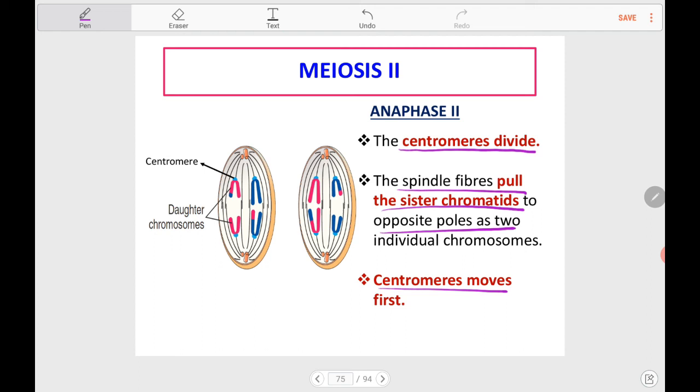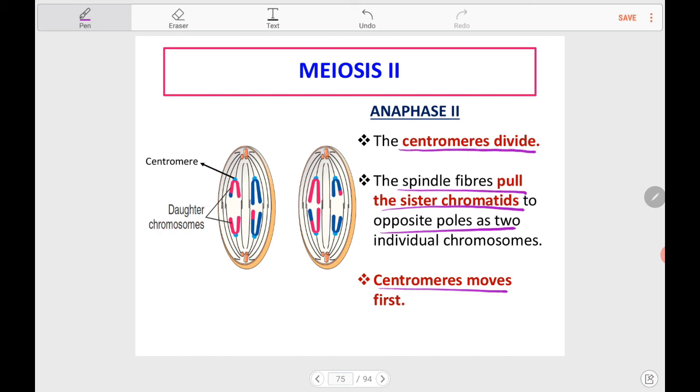Sebab ditarik oleh spindle fiber. So proses ini lebih kurang dengan apa yang berlaku semasa anaphase of mitosis, iaitu when the spindle fiber shorten, the spindle fiber will pull the centromere, causing the centromere to split. Once the centromere splits, the sister chromatid will become separated and start to move to the opposite pole.